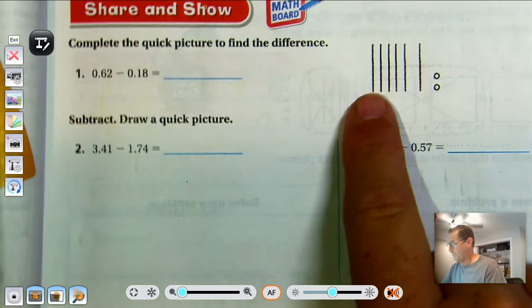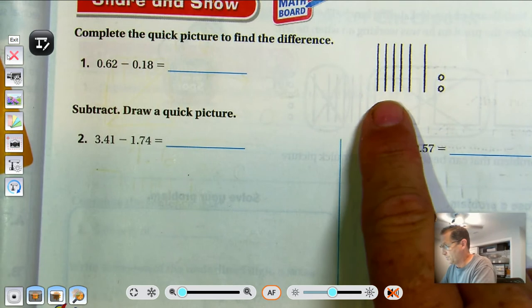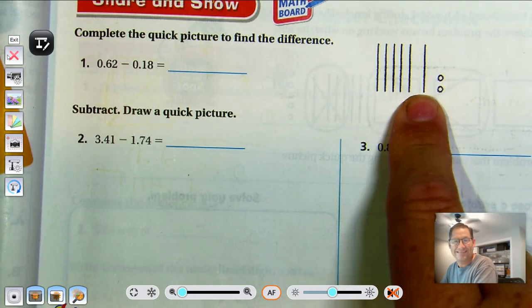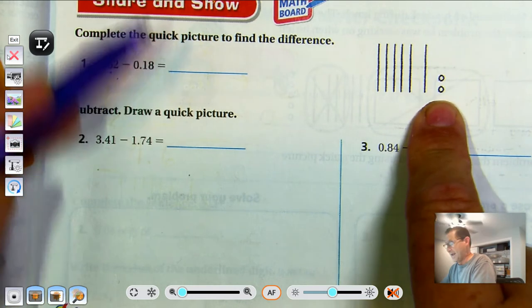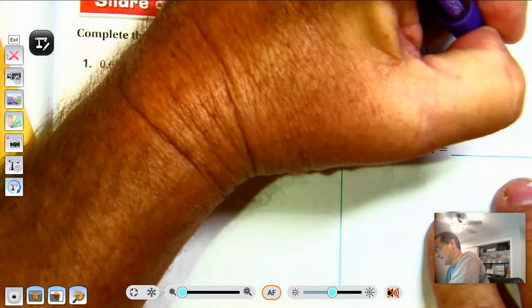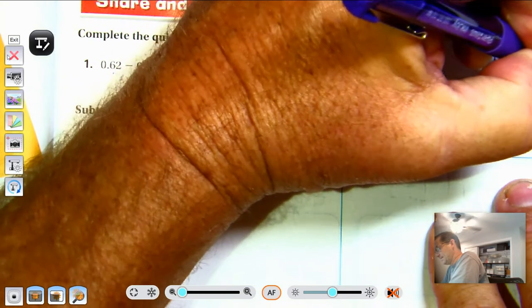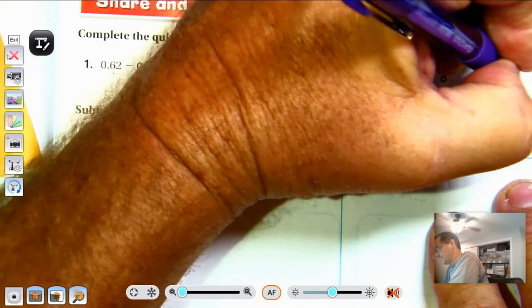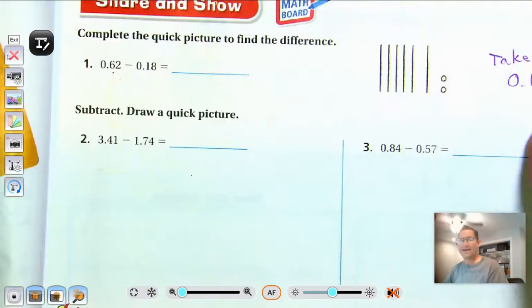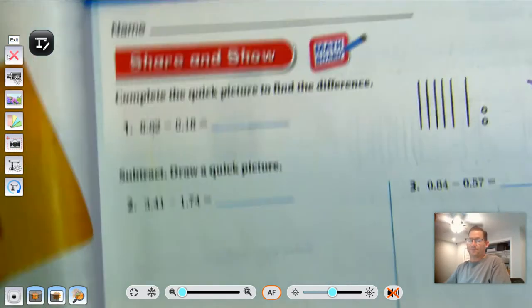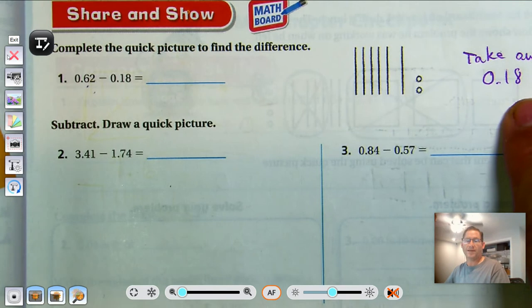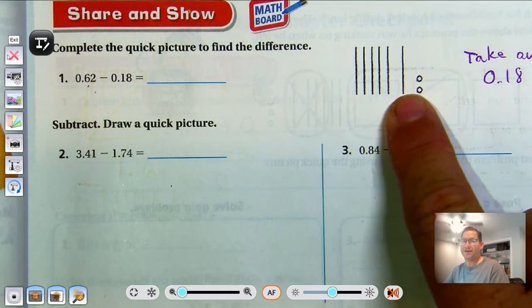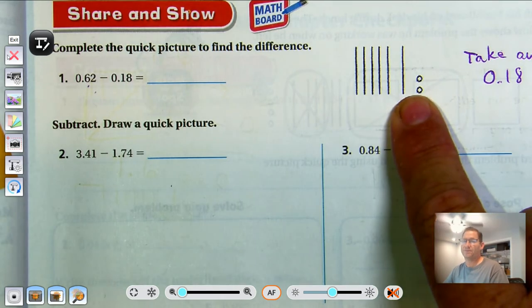All right, so we see that we have 62 hundredths. 1, 2, 3, 4, 5, 6 tenths and 2 hundredths. I have to take away 18 hundredths. Well, let's start with the hundredths. Can we take 8 hundredths from the 2 hundredths?